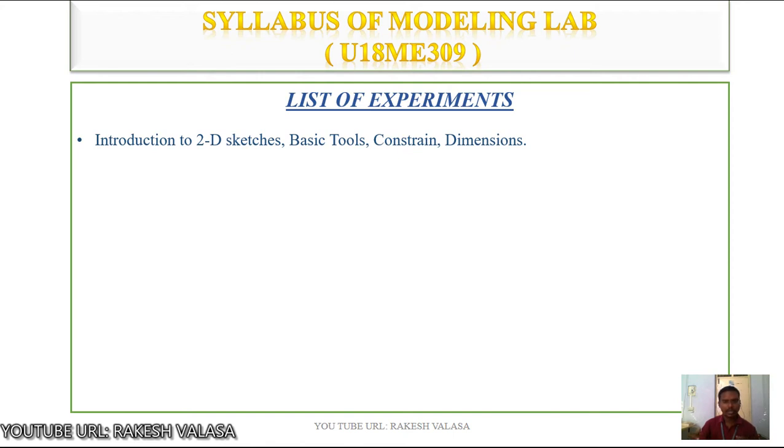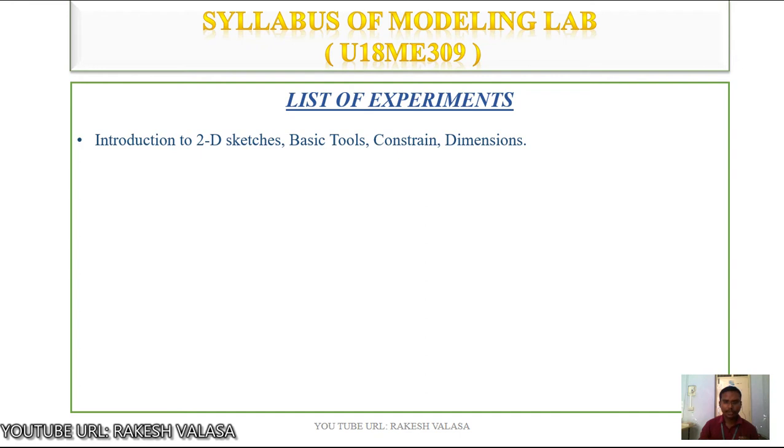What modules are available in CATIA software? A number of modules are available, like sketch module, part module and assembly module. Next, shortcut keys for CATIA software. By using shortcut keys, we can handle the CATIA software in our PC very smoothly. Next, what tools are available in the menu bar?